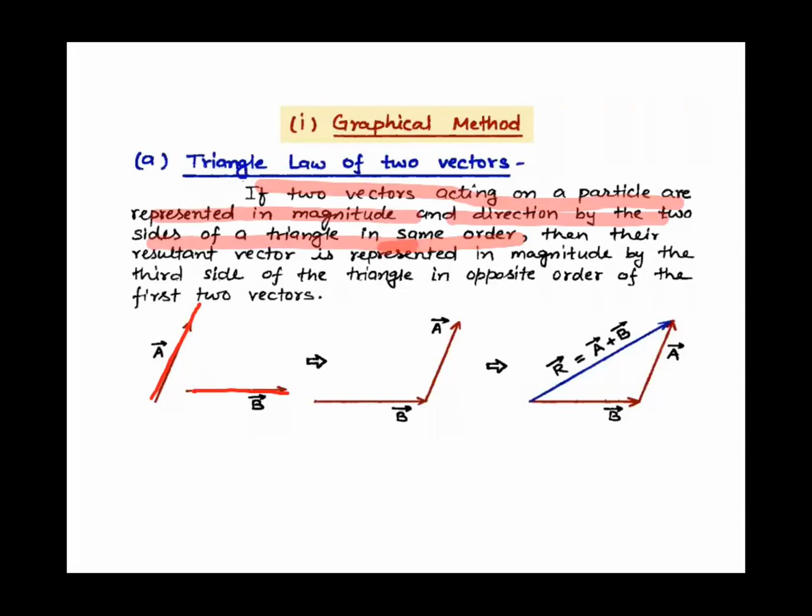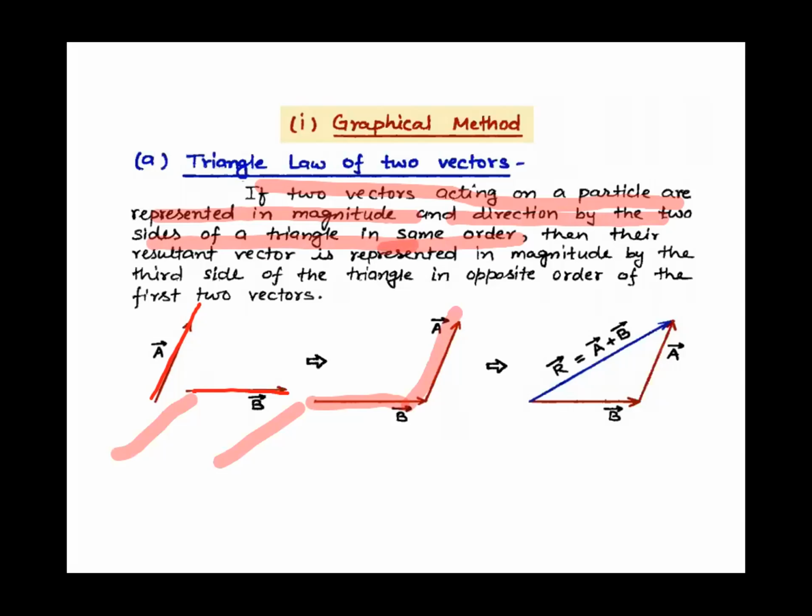Means if the two vectors, here we are having two vectors A and B, right children? If these two vectors are represented by the two sides of a triangle, for example, here you can see these form two sides of a triangle. Yes?